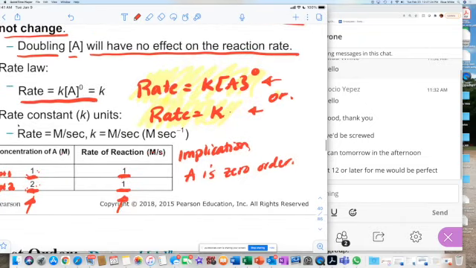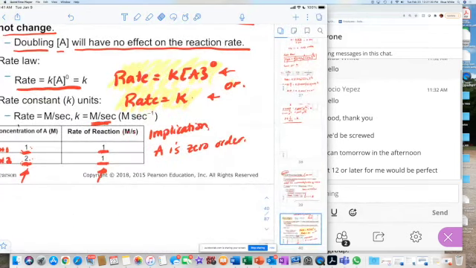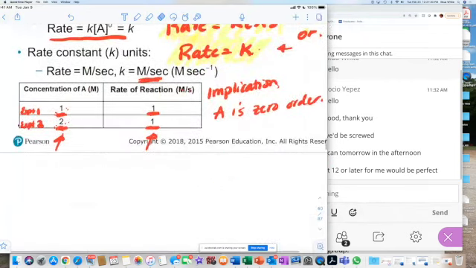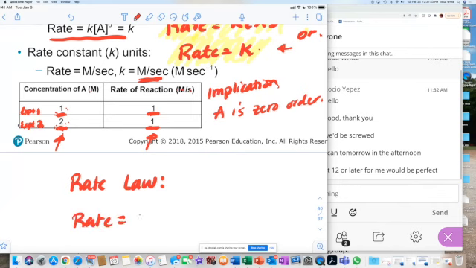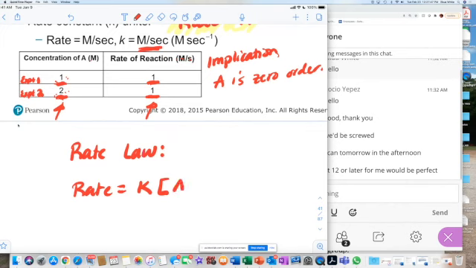You also want to know the units of the rate. For this part, I'm going to add a page to show you the unit. We said for zero order, the rate law is as follows: rate equal K, open parentheses, A is the generic formula, power 0.